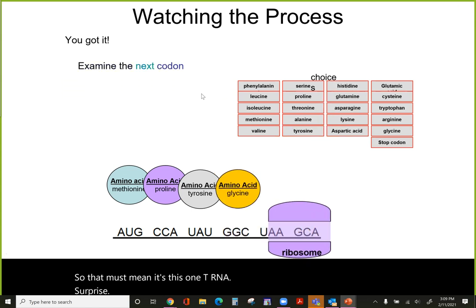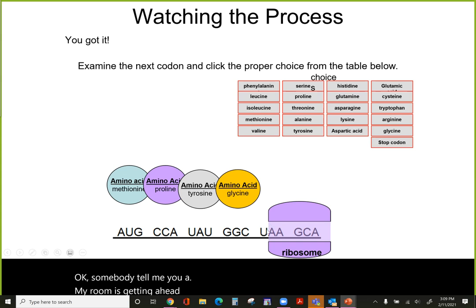Okay, somebody tell me UAA. My ribosome's getting ahead of itself. We should be doing UAA. Hannah says there are 2. Yeah, there are 2 codons, but we're looking for just UAA right now.